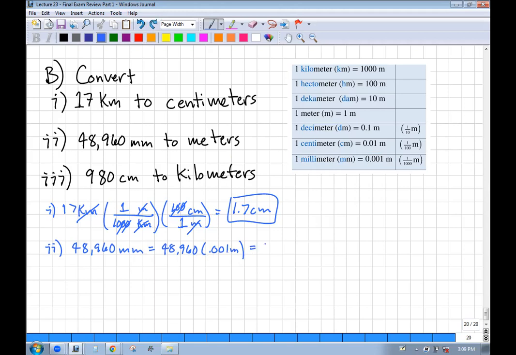So this would be 48.960 meters. And you don't have to have that 0 there. It doesn't hurt if you put it. It's fine with it or without it. Okay. Well, basically, you're dividing this thing by 1,000 because it takes 1,000 of these to make one of those.